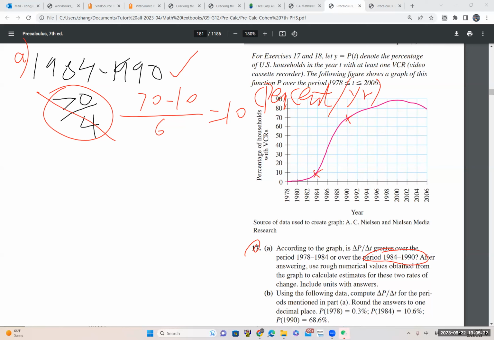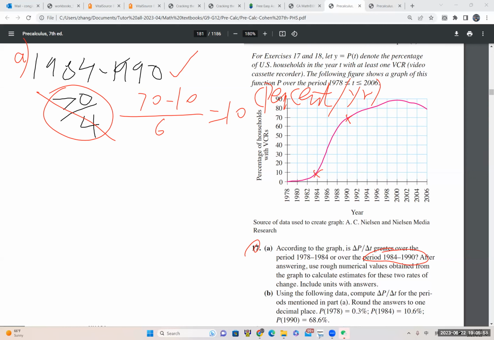Using the following data, compute delta P over delta T for the period mentioned in part A. Round the answer to 1 decimal place.